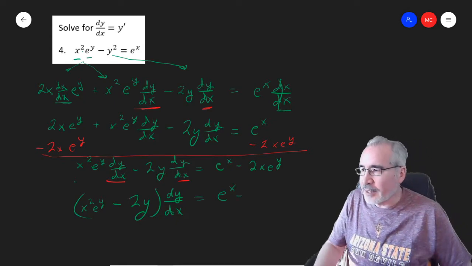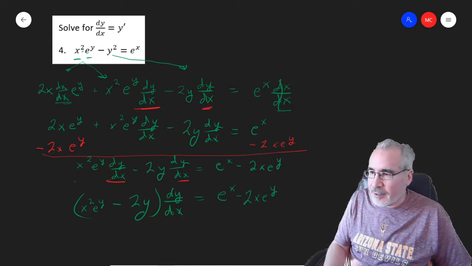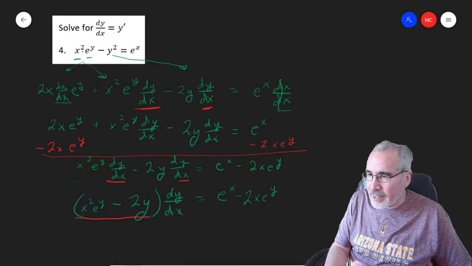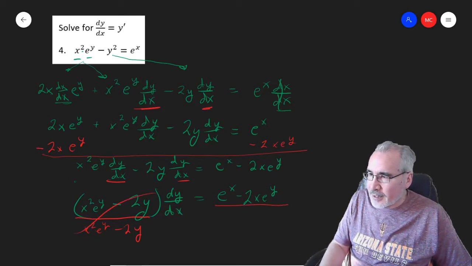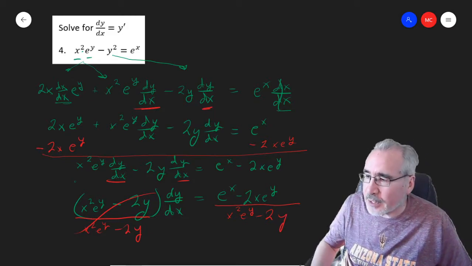And you get to see pretty quickly, I guess, not easily, but quickly, what is going to be the right hand side. All we have to do is divide by x squared e to the y minus 2y. That's going to cancel that out and leave us with dy dx. So on this side, x squared e to the y minus 2y, and that's really our answer.